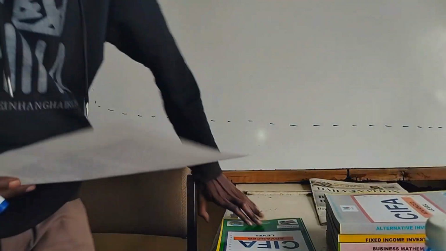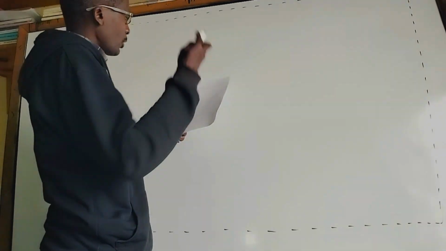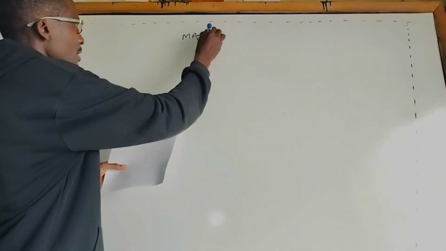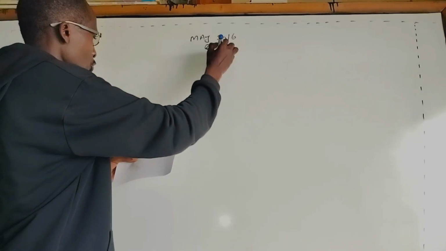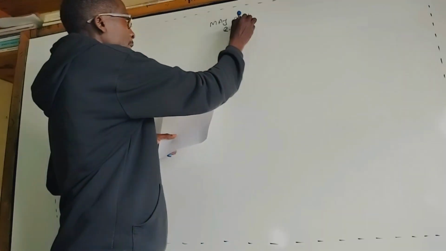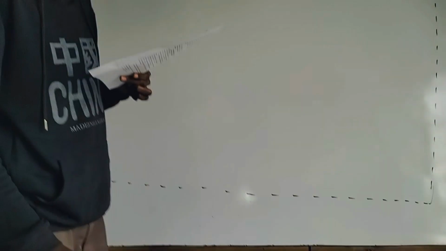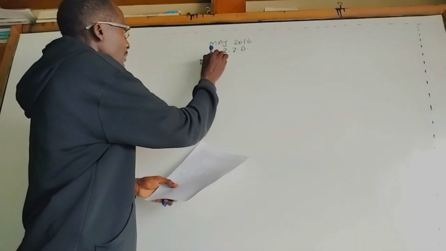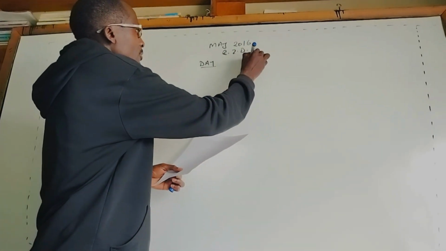Now let's show what we have here. The question is May 2016, question 2D. You are told the futures prices are given here. So we have the day and then we have the futures price, in shillings.